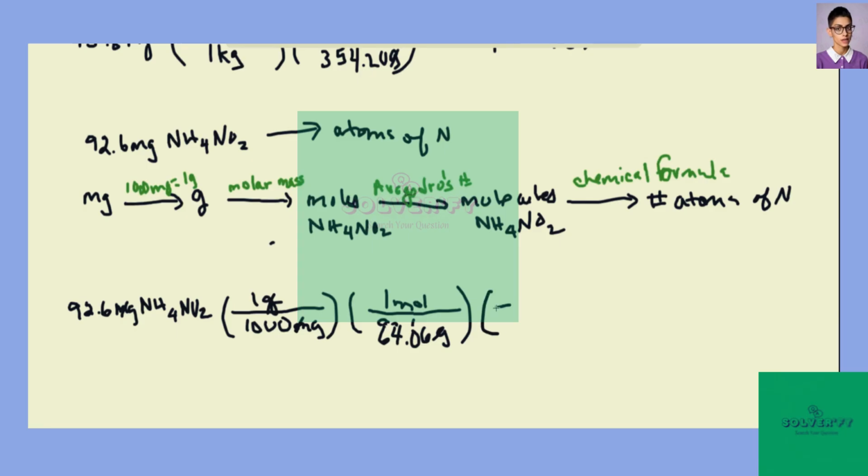And in every mole, we know there are 6.02 times 10 to the 23rd molecules. And finally, if we look at the formula, there are 2 nitrogen atoms for every 1 molecule.